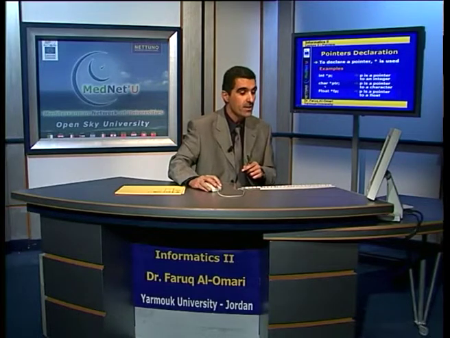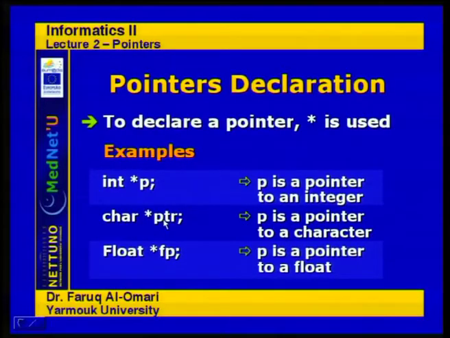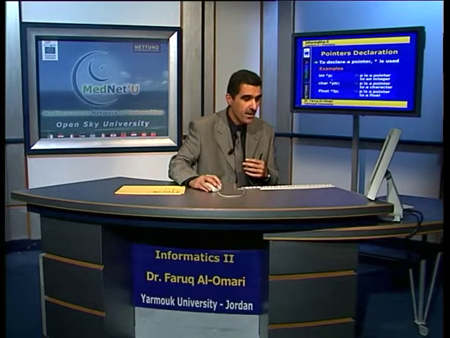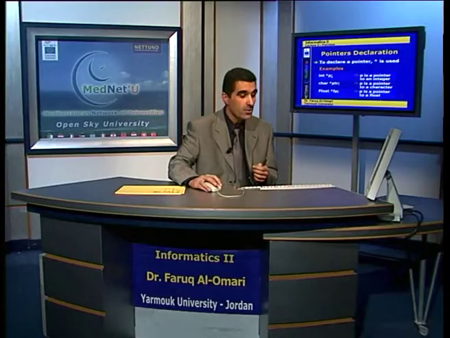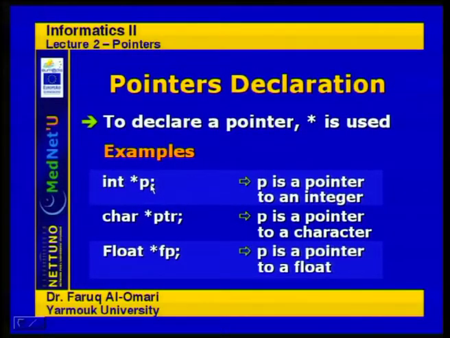When I say char asterisk ptr, ptr here is a 4-byte long pointer to a character, which is 1 byte, of course. So whether I define a pointer to an integer or a pointer to a character, in both cases ptr and p are 4 bytes long. However, they refer to different sizes in memory, to different numbers of consecutive bytes. In this case, they point to 2 consecutive characters, and in this case, they're pointing to just 1.